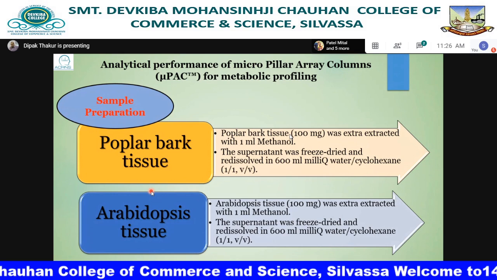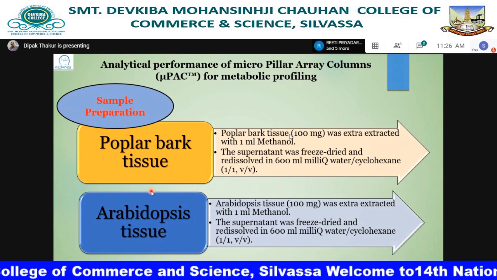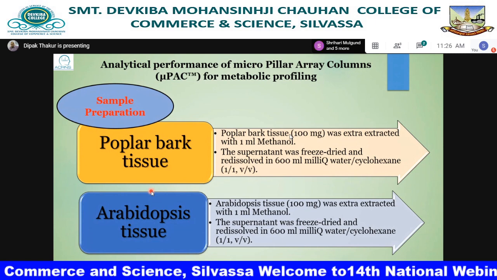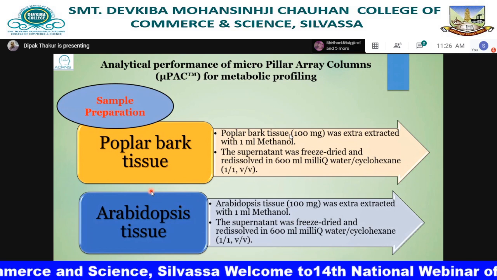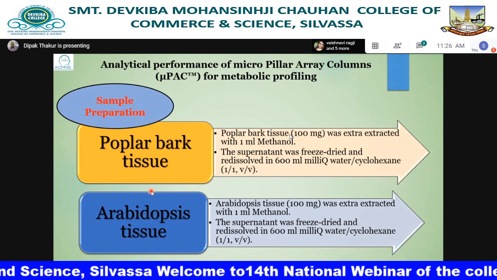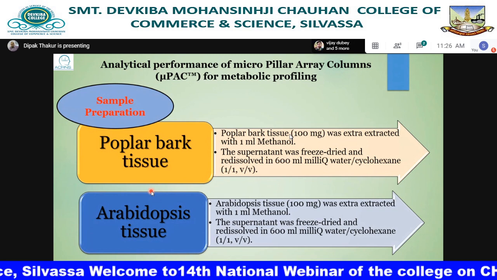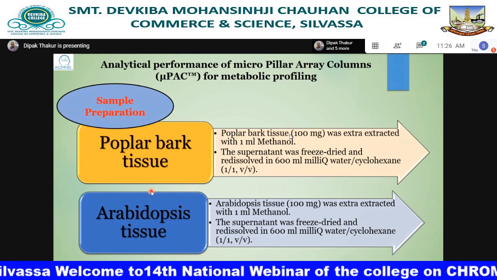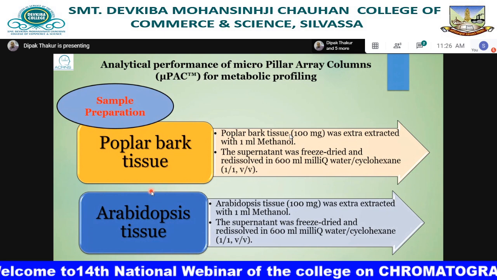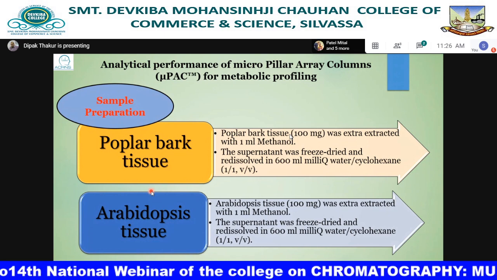So the case study which we have taken from a published paper had the goal of looking at what type of metabolites they have, and what is their role in preventing infection due to insects. So we are using this case study to demonstrate how the micropillar array column helps in metabolomic profiling.